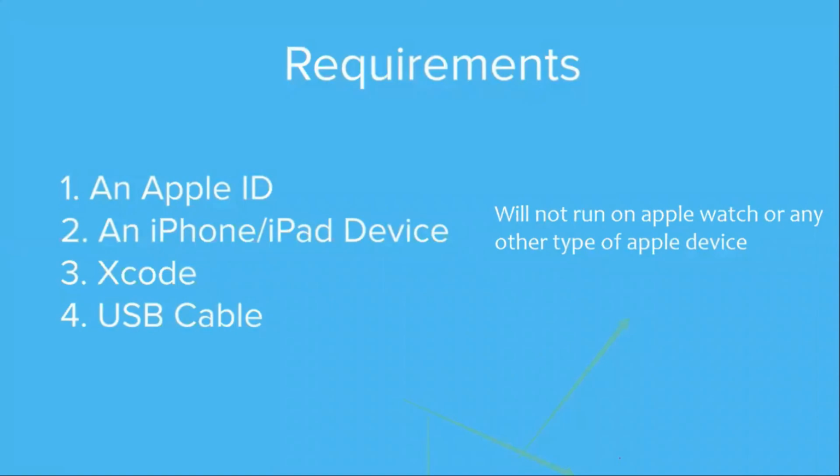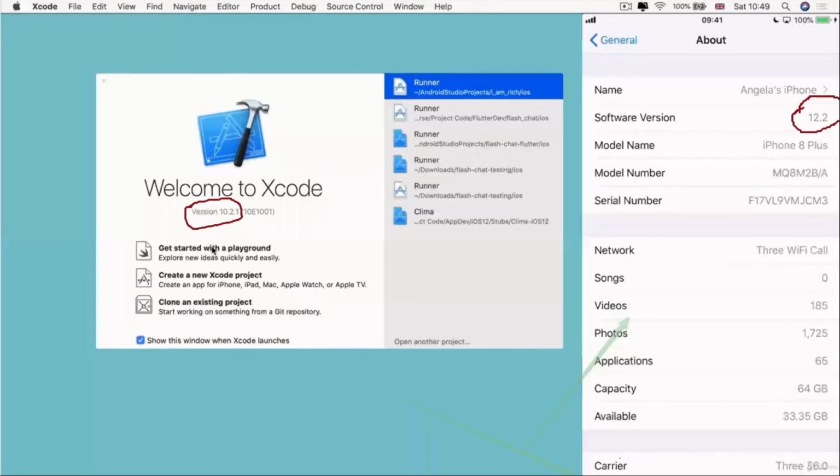Now come to the iOS device. For iOS device, you just need an Apple ID and an iPhone or iPad device, and it will not run on Apple Watch or any other type of Apple devices. Just keep that in mind. And after that, you will need Xcode to make the build.